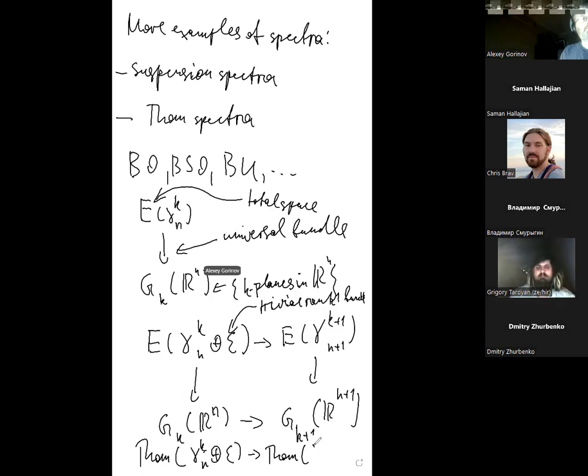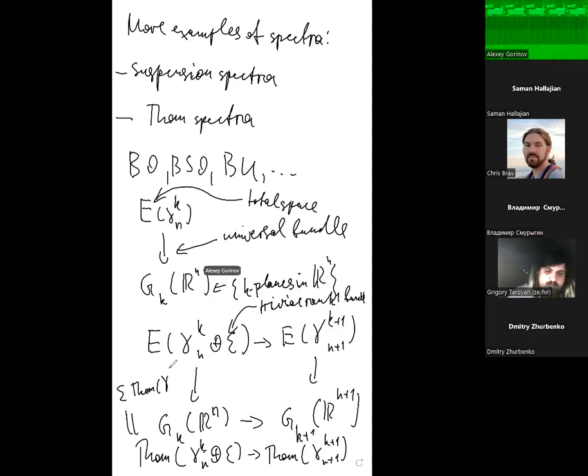And so we get a map of the Thom spaces. And the one on the left is the suspension of the Thom space of gamma_k^n. Now, does this make any sense?